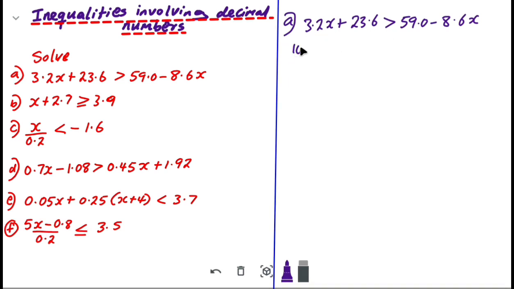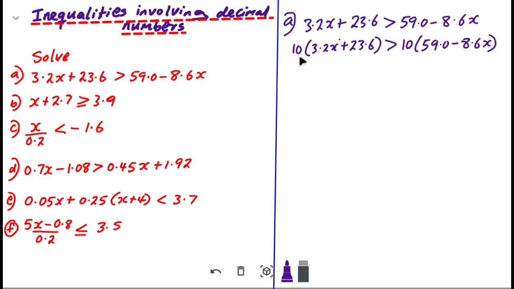That is, we say 10 in bracket 3.2x plus 23.6 close bracket greater than 10 in bracket 59.0 minus 8.6x. We close the brackets.